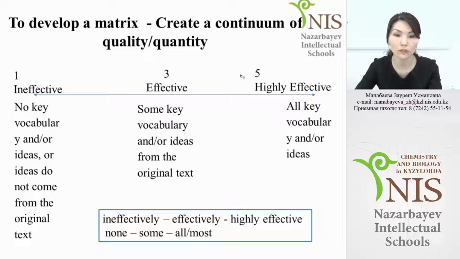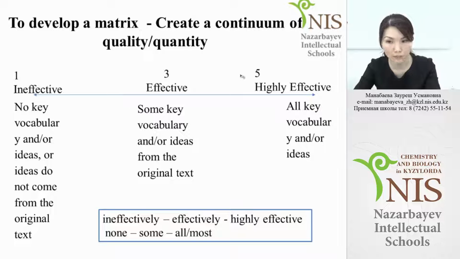So for the ineffective, you can give 1 point, saying like no key vocabulary is used during the speech. The ideas do not come from the original text, if the students need to speak on the text that they have considered after the listening or reading task.